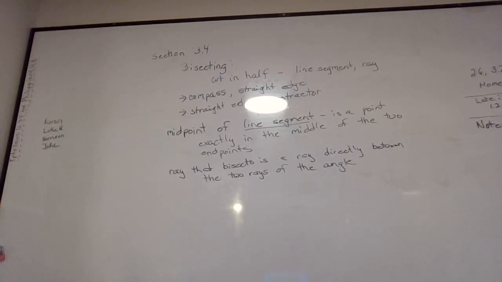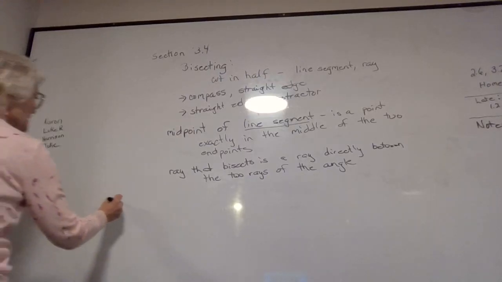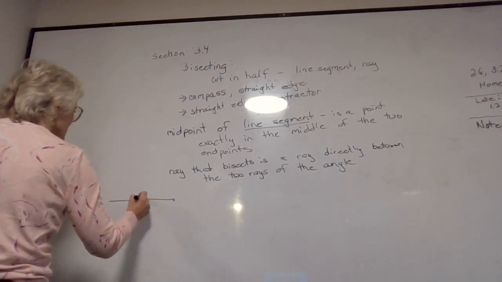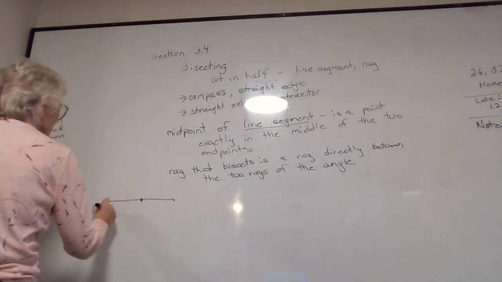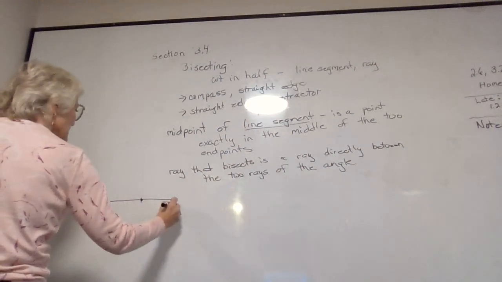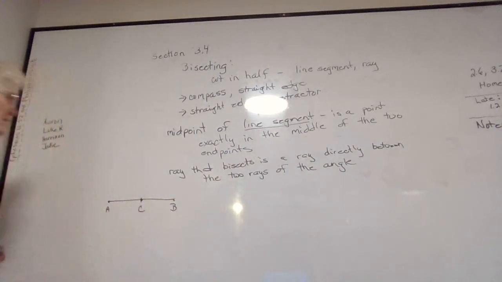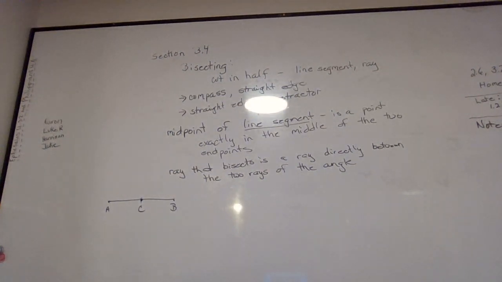Now, if we have a line segment and we find its midpoint, so say this is AB, and we cut it with C. C is our midpoint. What do I know about the length from AC and the length from CB? What do I know? AC plus CB equals AB.